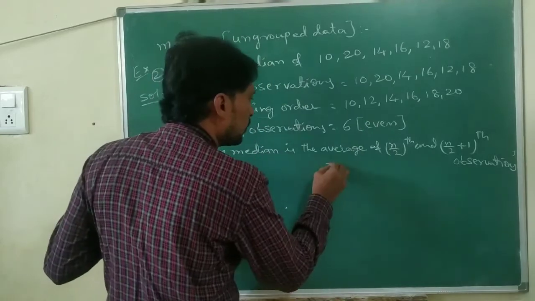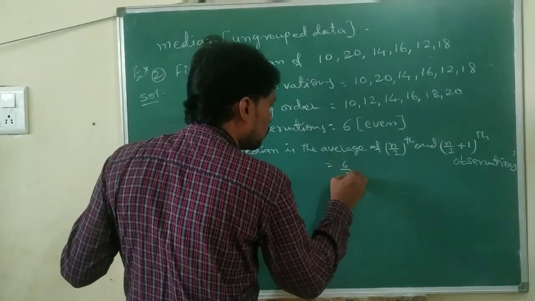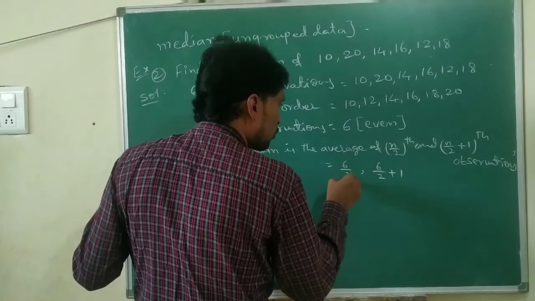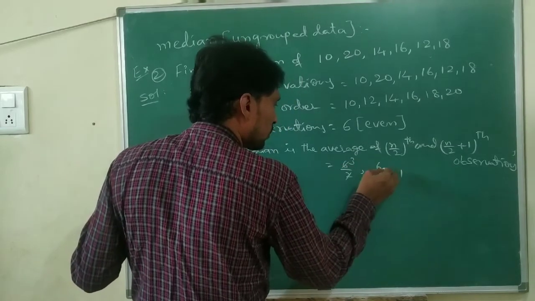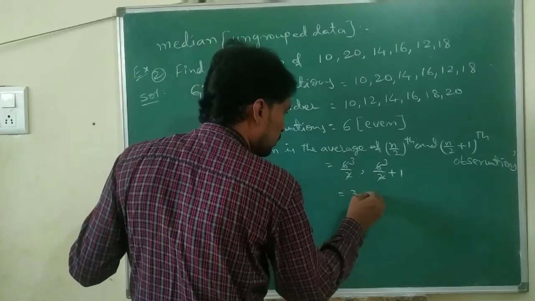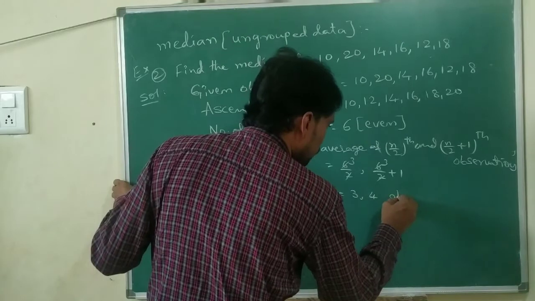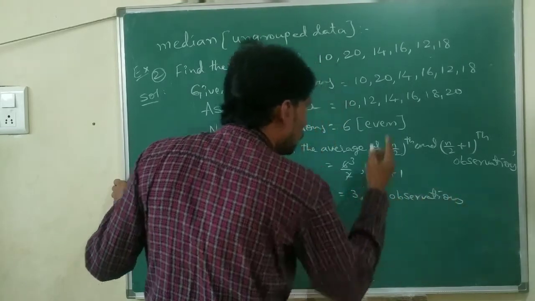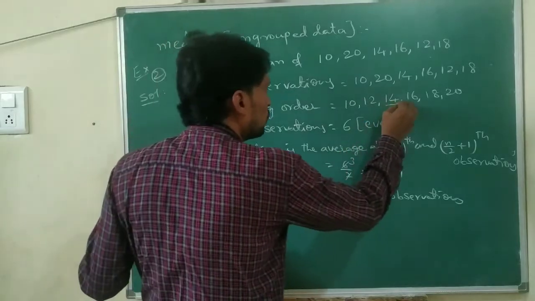So what is the value of n by 2 here? 6 by 2 and 6 by 2 plus 1. 6 by 2 is 3, and 3 plus 1 is 4, which means the 3rd and 4th observations. What is the third observation? 14.